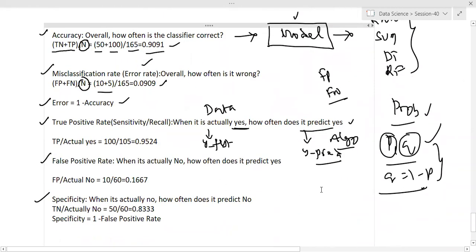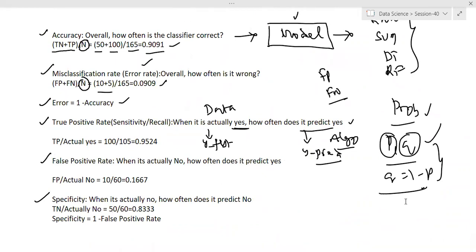So you can easily connect the dots, friends, from the confusion matrix. The true positive rate is known as the sensitivity or recall. If someone asks, you can find out the accuracy, or else the recall. Recall is nothing but how many yes are actually there, and how many times our model also finds them as true.